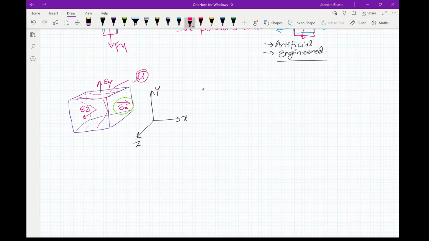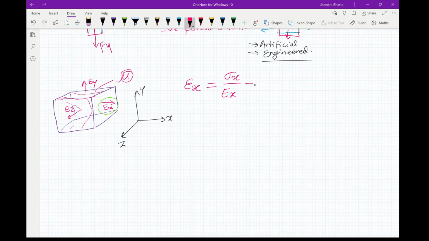For example, if you are looking at total strain in the x direction, it will be equal to your stress in the x direction divided by Young's modulus in the x direction, minus Poisson's ratio in xy direction, minus Poisson's ratio in zx, like this.